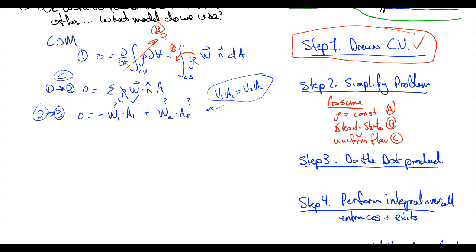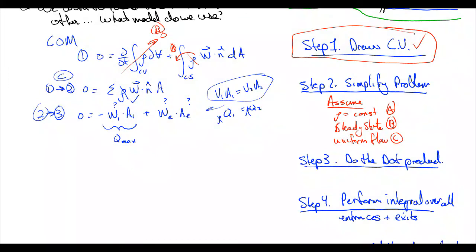Because it's an expression of conservation of mass, and we were able to drop off the density because density is equal to a constant. So if V1 A1 is equal to Q1, W1 A1 is really just equal to Q max, right? This is equal to our maximum flow rate for our pump. So we know those combined. We don't know them individually, but we do know them combined.